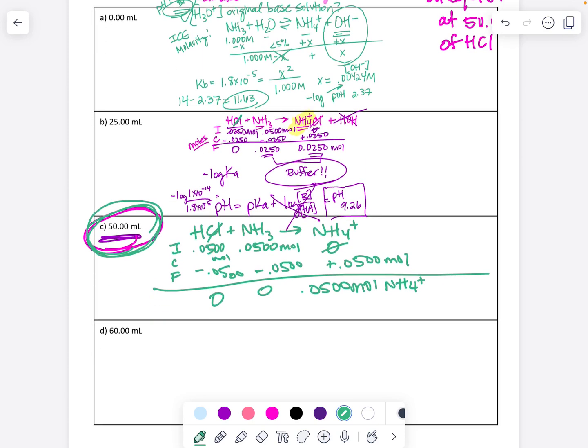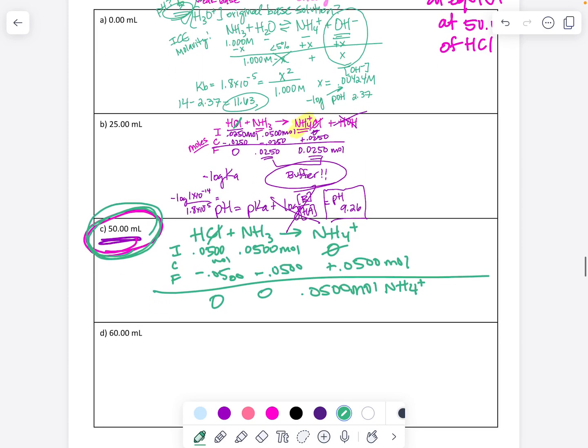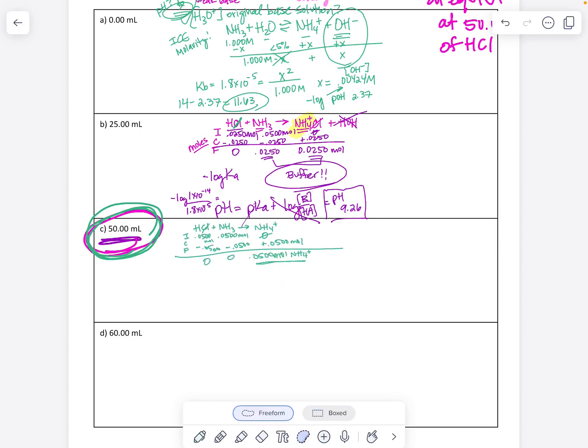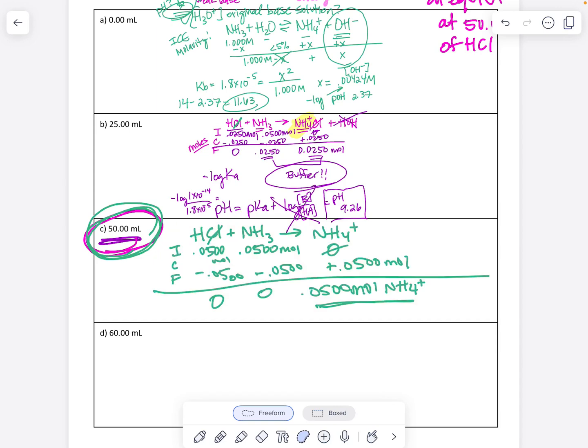In order to find the pH, I need to know how much H3O plus this is making in solution. So to do that, I need to write my hydrolysis equation. So this was kind of like part 1.